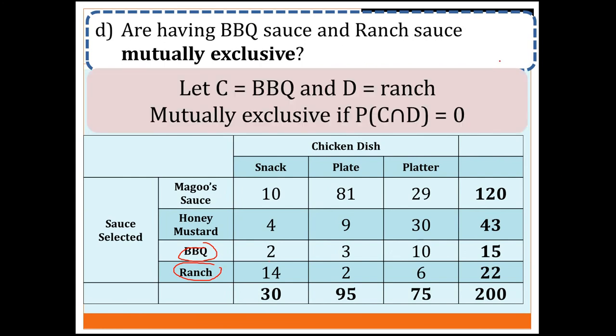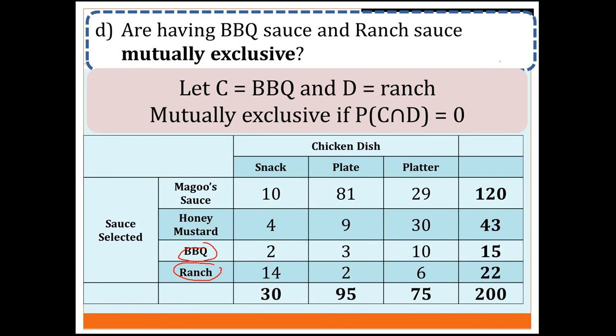So just to use the notation, I'll call C getting barbecue sauce, and I'll call event D getting ranch sauce. Based on the definition of mutually exclusiveness, those two events would be mutually exclusive if their intersection equals 0. And then I'd say, yes, they are mutually exclusive. The probability of C and D equals 0. There's nobody who can get both sauces.